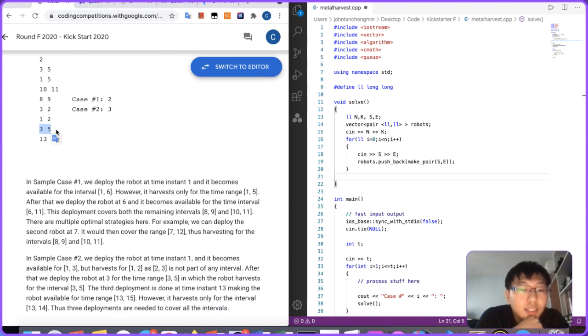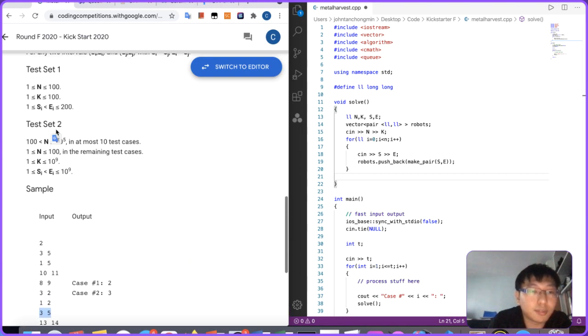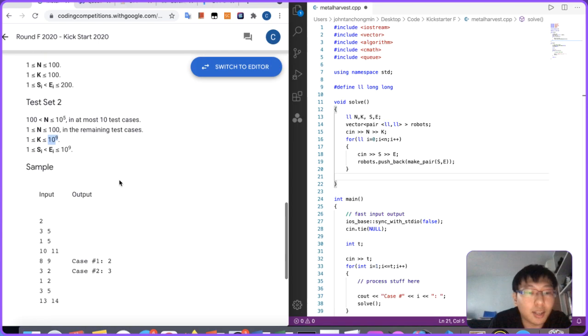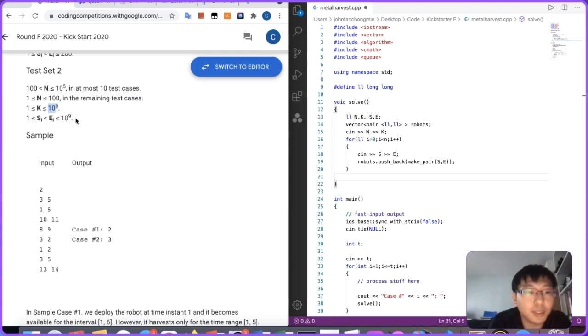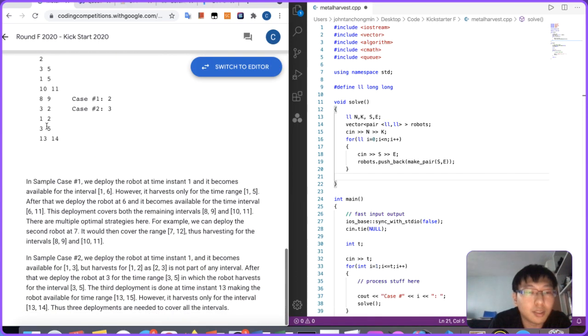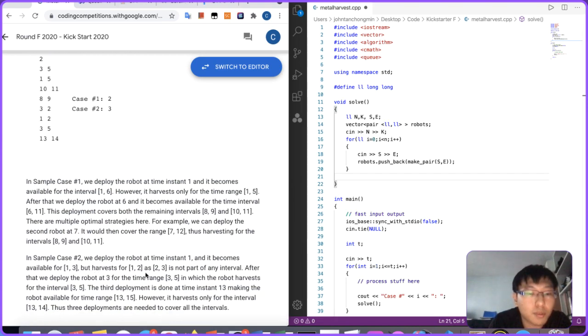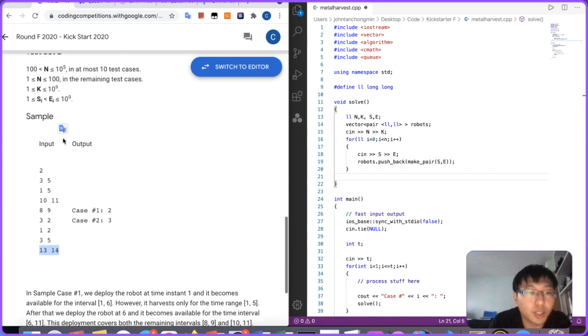As soon as we don't have a robot deployed, because all these time intervals are kind of fixed, and it's only up to 10 to the power of 9. I think I can have an array with 10 to the power of 9 elements in it. Yeah, these are the intervals that we need to harvest.